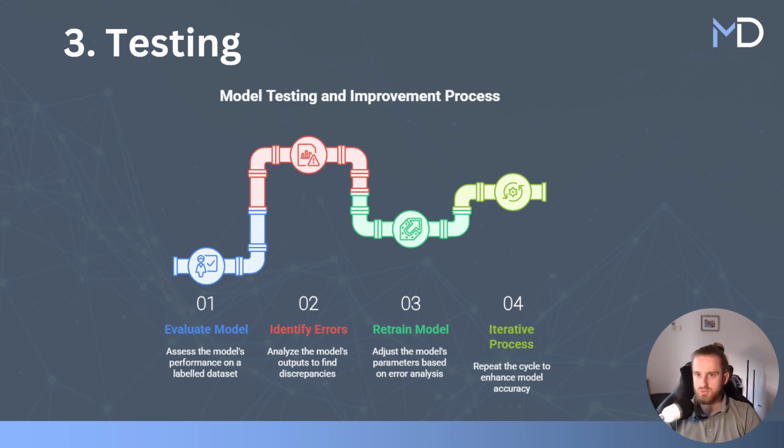We'll look at metrics like accuracy, precision and recall, false positives and false negatives. So if performance isn't satisfactory, we may go back and retrain the model, tweaking the architecture, adjusting learning rates, or even improving the dataset itself. This back and forth loop between training and testing is typical in any supervised learning workflow.